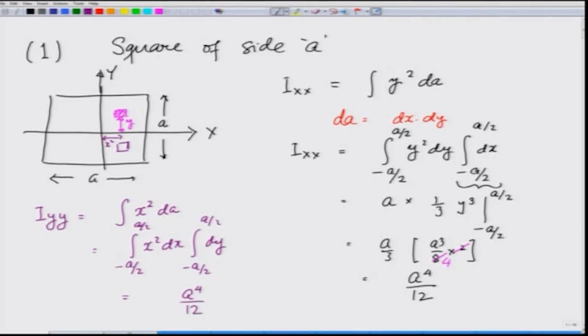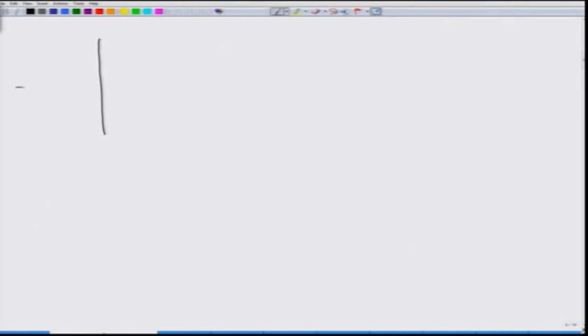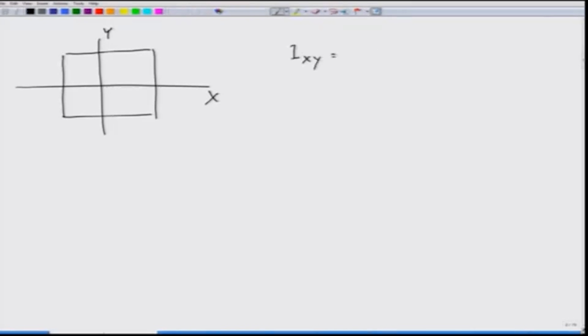How about the product of inertia, the product of area of this square? Ixy is the integral of x y dA, which is the integral of x dx times y dy, and both vary from minus a by 2 to a by 2.